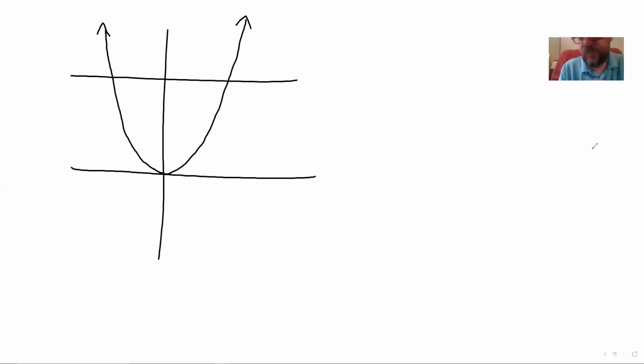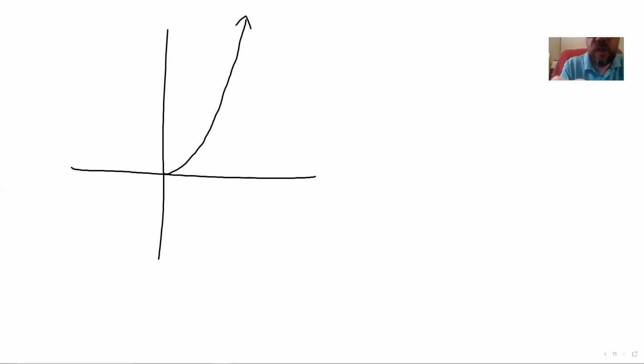Instead of looking at the entirety of the function, I can look at only this part of it.